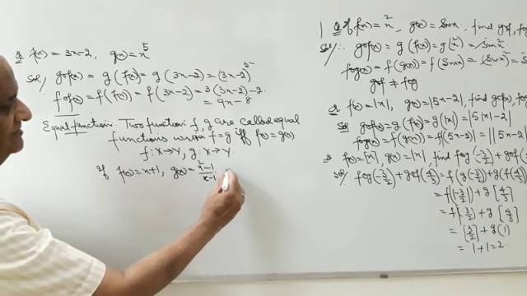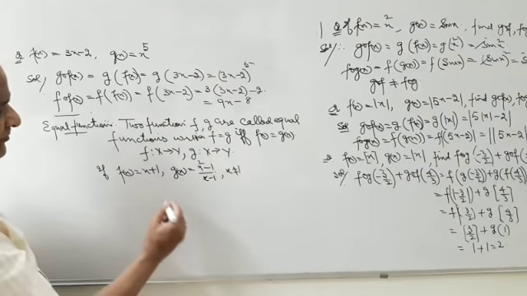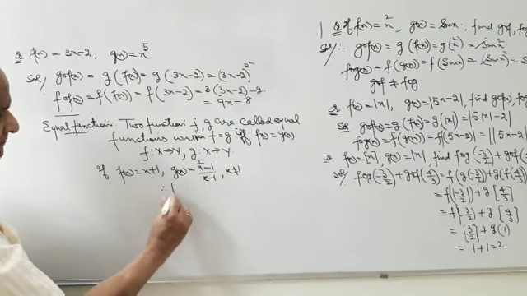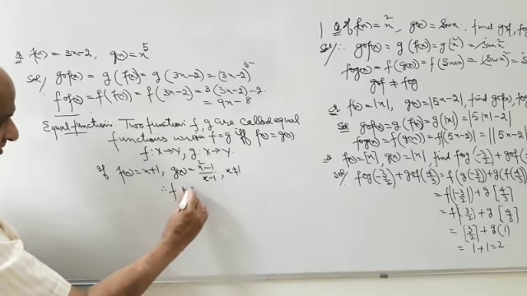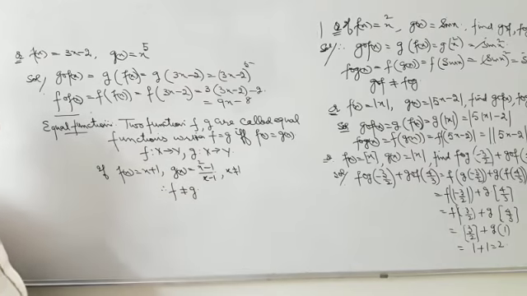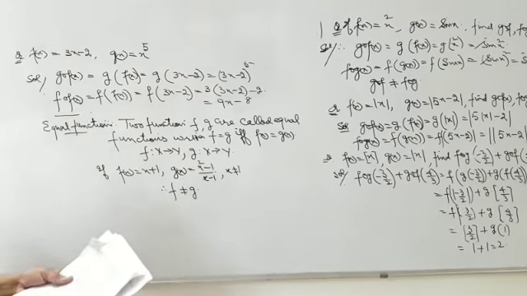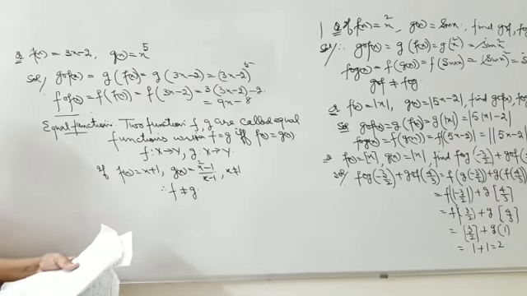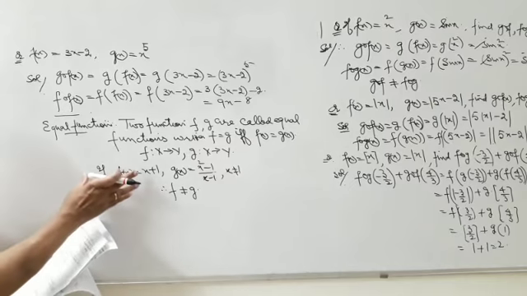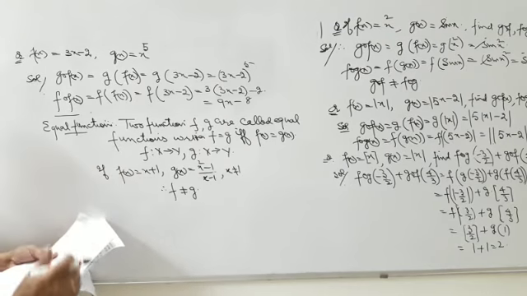Here x is not equal to 1. So we say that f is not equal to g, because of the condition we have imposed. That's why this is a case of not equal functions.